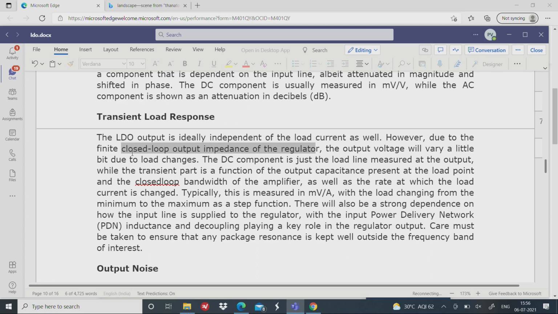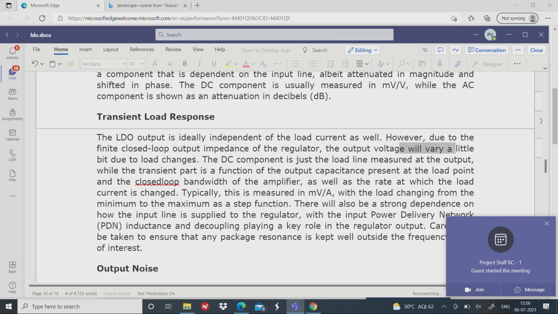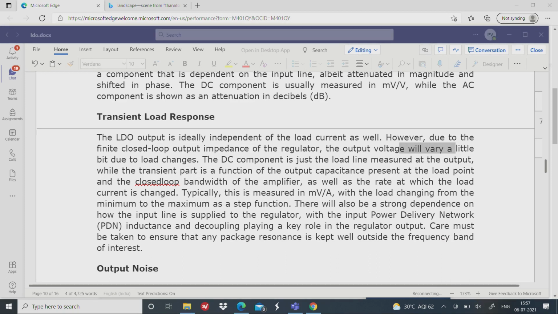It is not that it can source an infinite amount of current for any change, that is not going to work. The output voltage will vary a little due to load changes. Therefore, the DC component is just the load line measured at the output, while the transient part is a function of the output capacitance, okay. So the output capacitance, the C out which I was mentioning, comes into the picture here to take care of the transient load response, and it is measured in terms of these units, I mentioned this already.